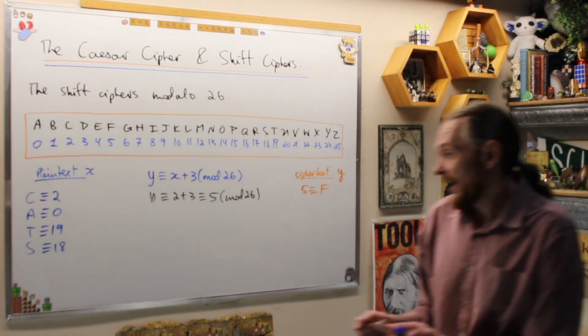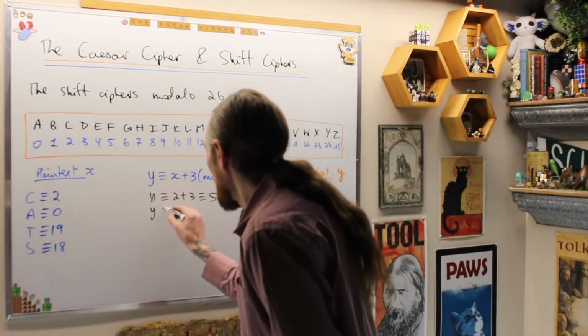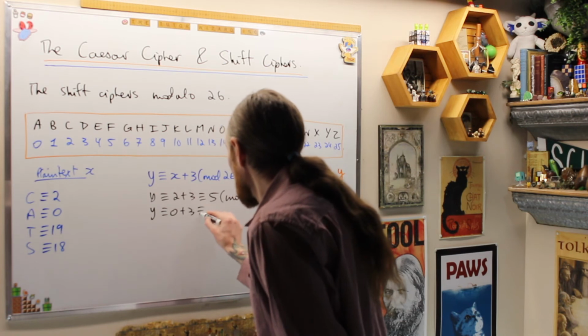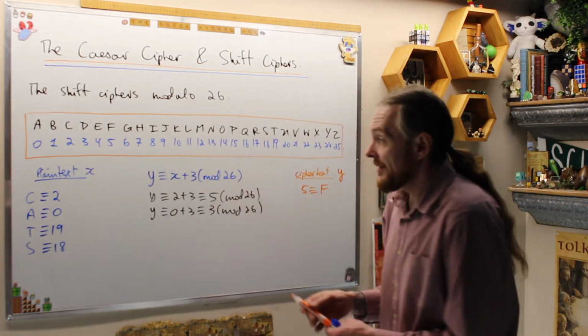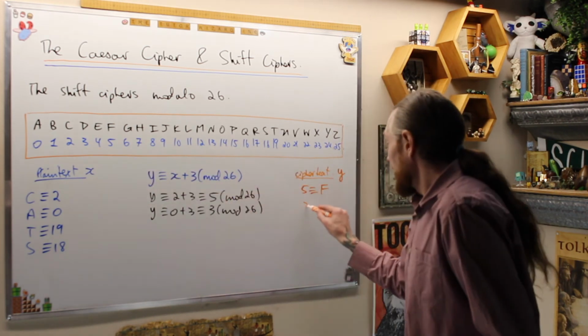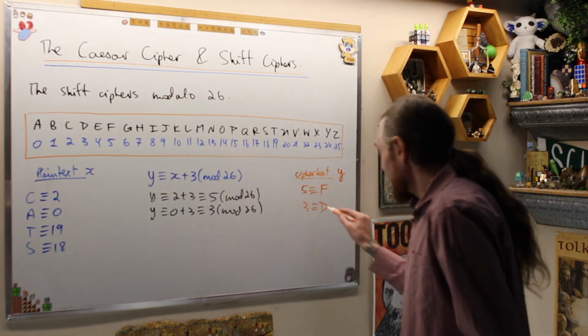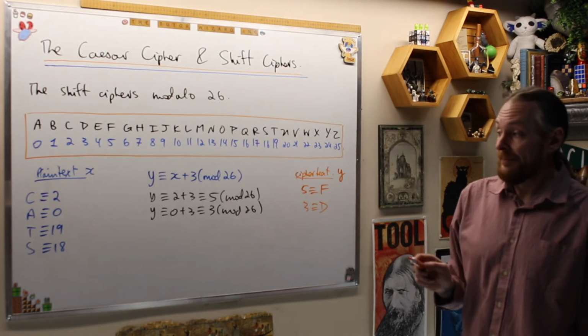If I now look at A, Y will be congruent to 0 plus 3, so this is a 3 mod 26. 3 is a D, so A turns into a D.